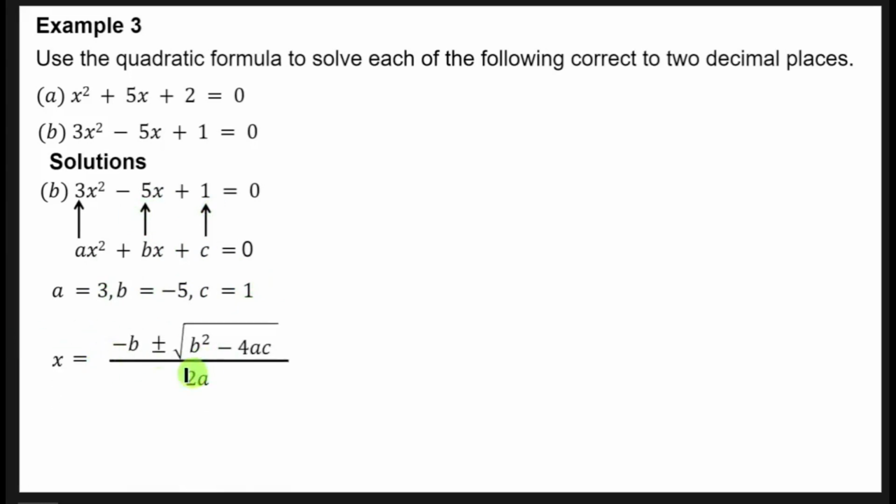Formula, put it here, and say x is equal to, where there's b here, we put the whole -5.